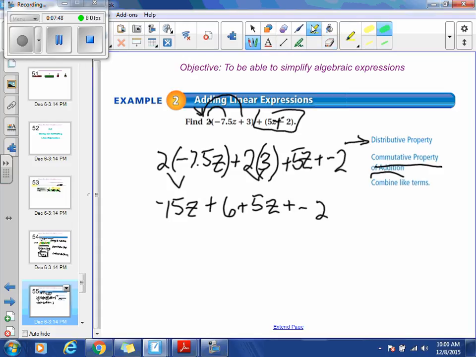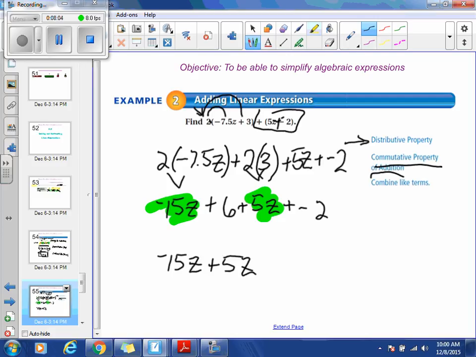So I'm going to say, all right, 15 negative z's and 5 positive z's. I can put those together. So I'm going to rewrite my problem. I could write 5z plus -15z, or I could just write -15z plus 5z. Doesn't matter the order. I could have done the 6 and the -2 first if I wanted. And then I have 6 positives, 2 negatives.